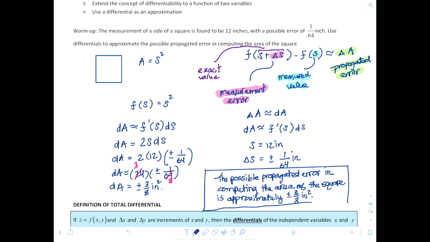Cool so far? All right. So now, this here had S, where S was the measured length.